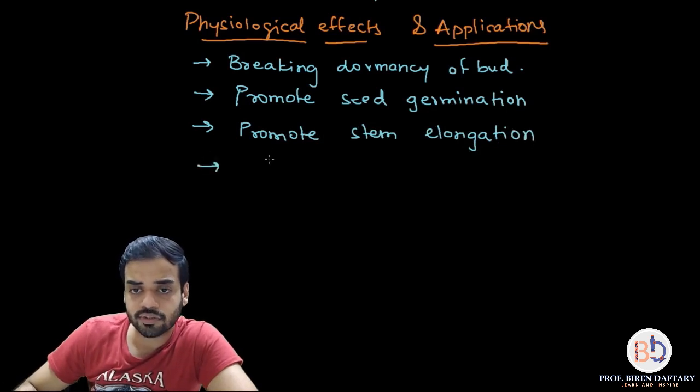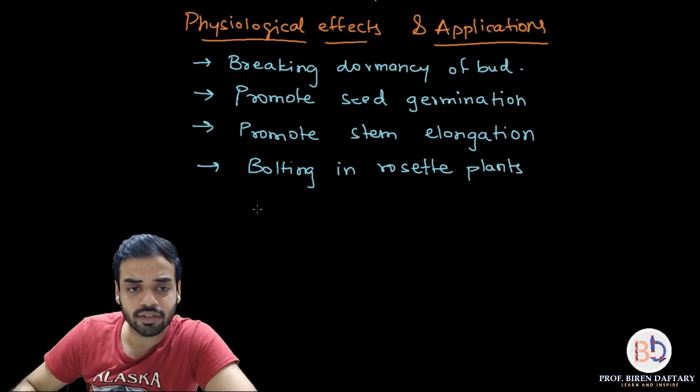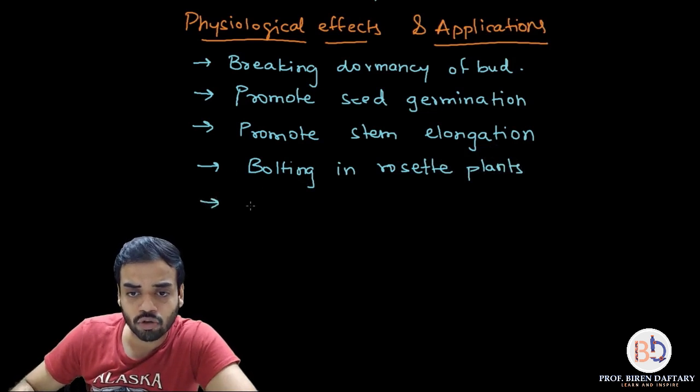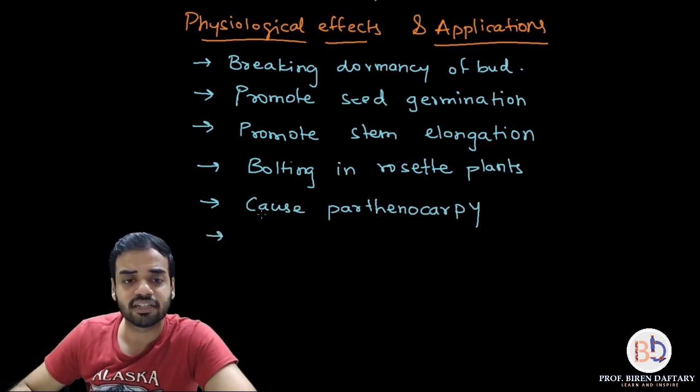Then they cause something called bolting in rosette plants. I'm going to explain all these points to you, so don't worry about that. Then they also cause parthenocarpy, just like auxins. I hope everybody remembers the meaning of parthenocarpy. I have already explained that in the previous lecture.